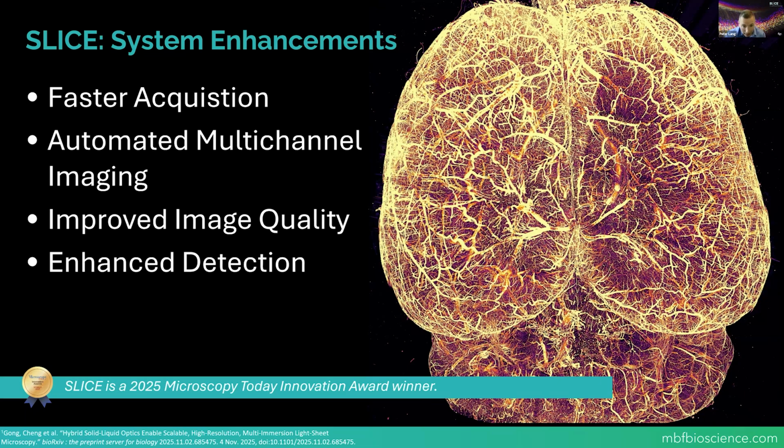Finally, building on the recent work of Dr. Tober's lab, this 2024 preprint shown here, we implemented a corrective optic in the detection pathway, which improves the image uniformity and reduces aberrations, particularly useful when scanning very large clear tissue samples. Together, these enhancements make SLICE faster, more sensitive, and more reliable for high-resolution volumetric imaging.